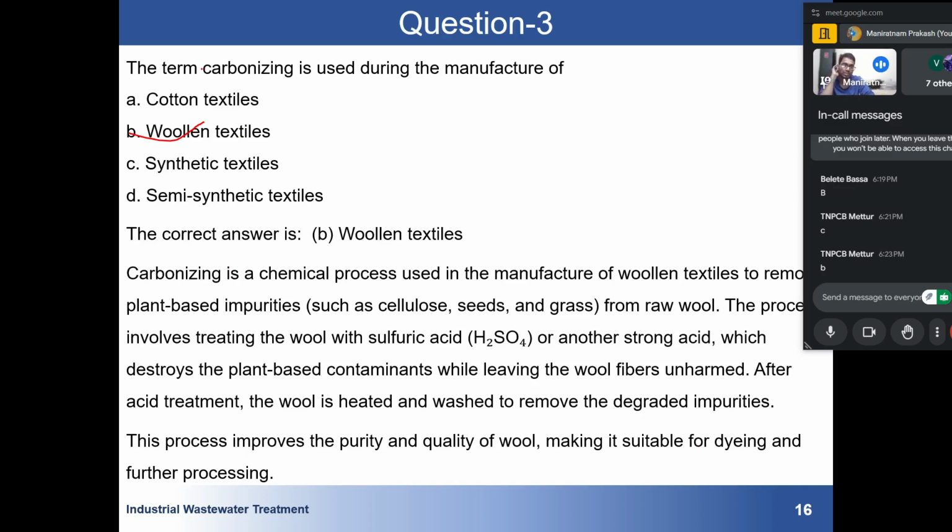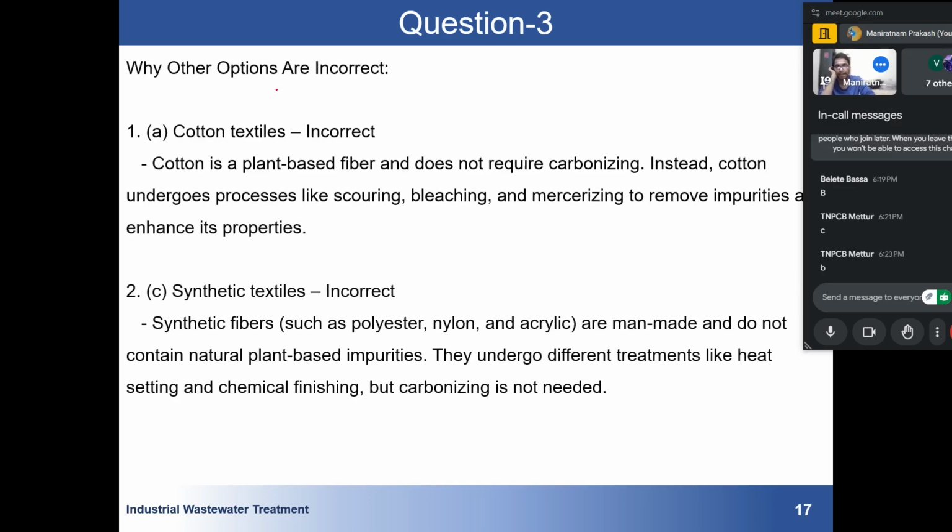This process is known as carbonizing. Cotton textile does not require carbonizing. Instead, cotton undergoes scouring and bleaching, and we have already seen this.